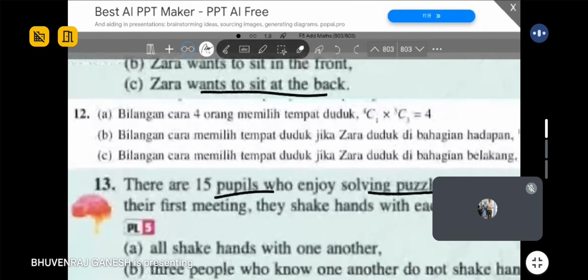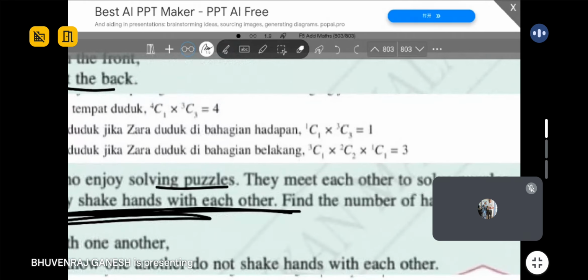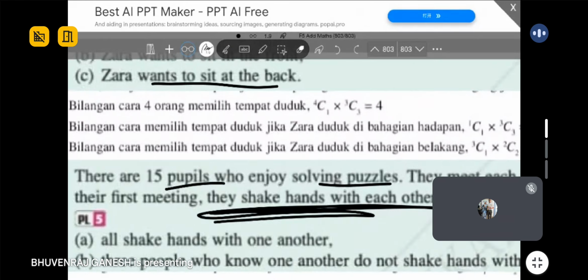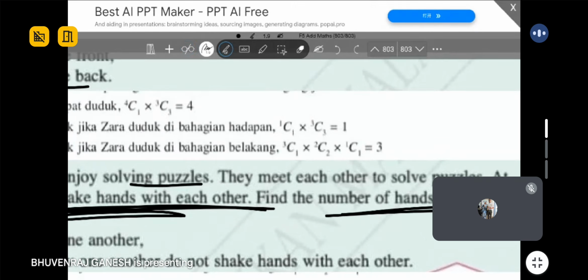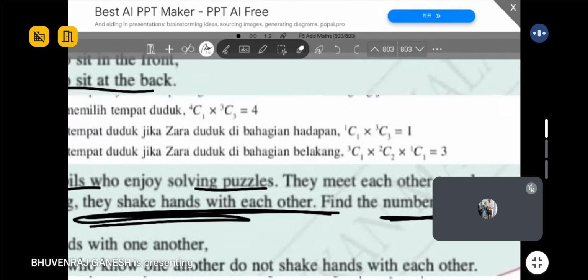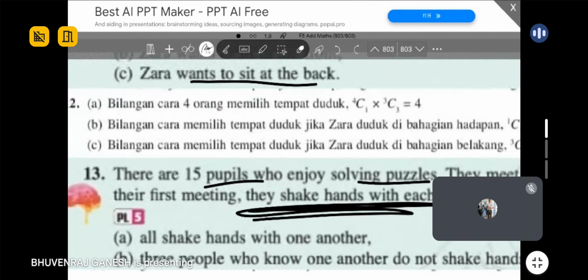They meet each other and shake hands. They ask to find the number of handshakes, how many ways they can shake hands.